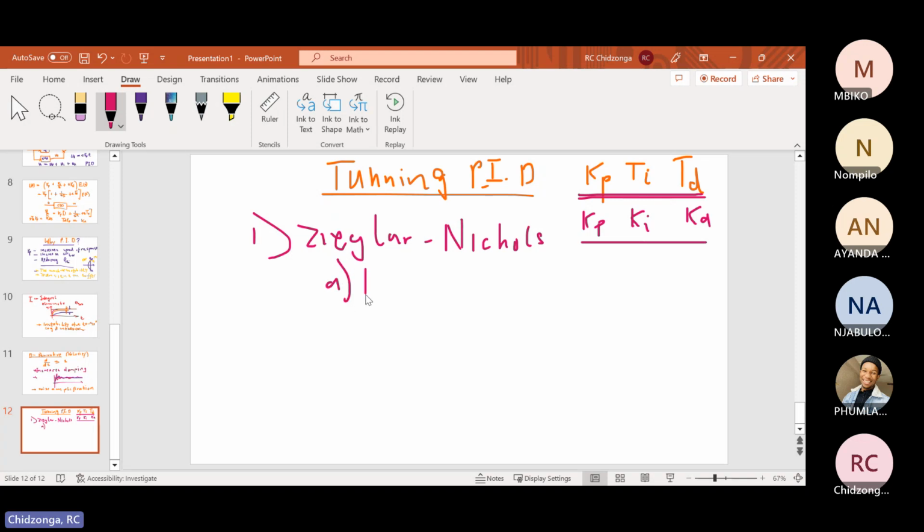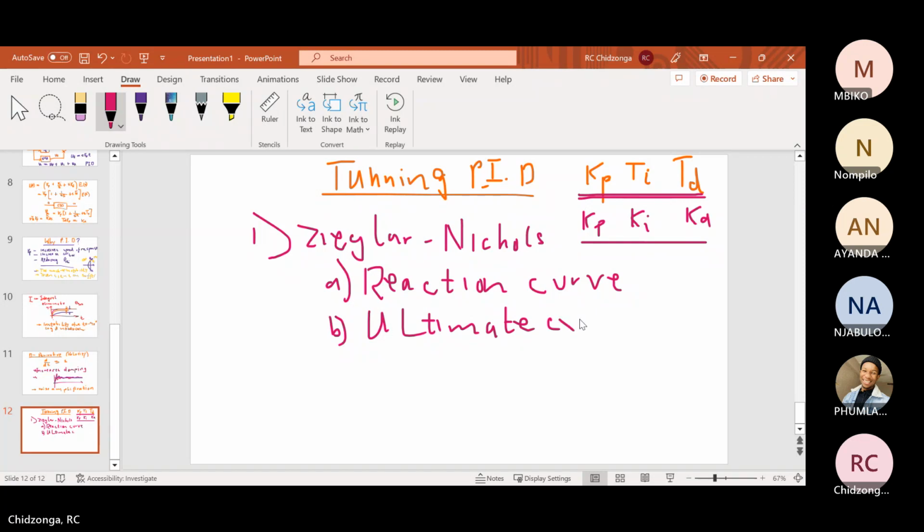One is called the reaction curve method, and B is called the ultimate cycle method. So those are the two methods which these two guys devised, right?